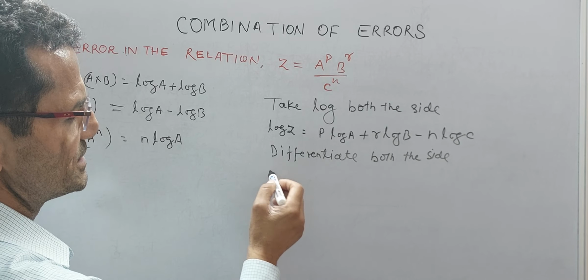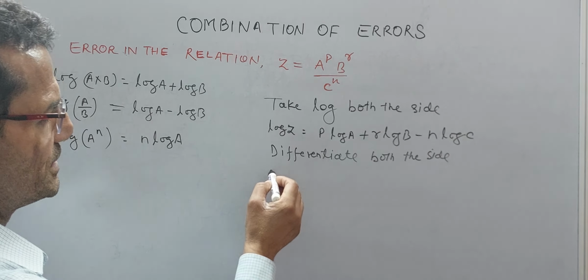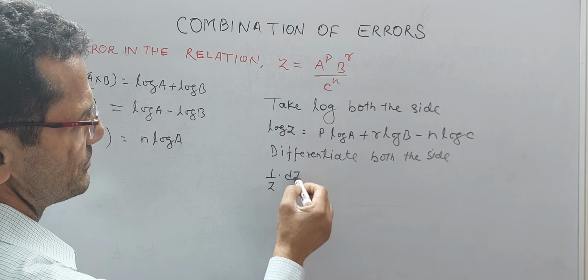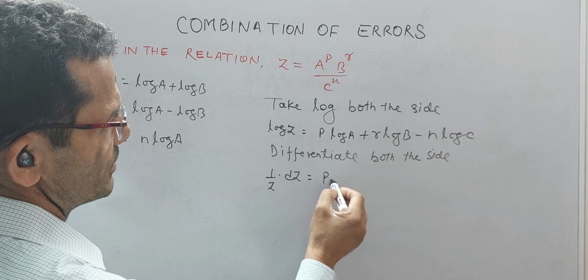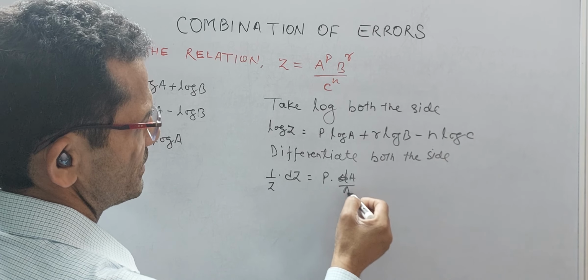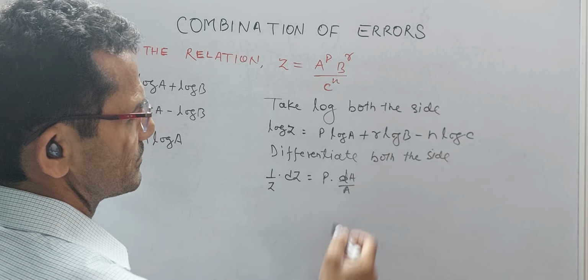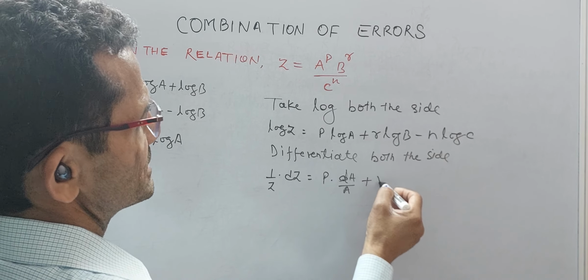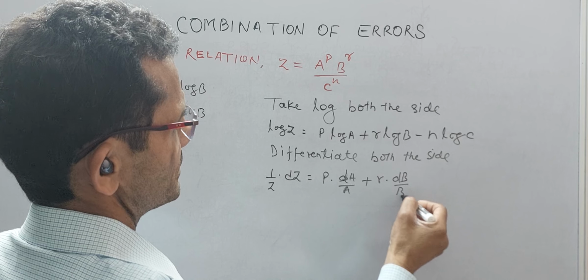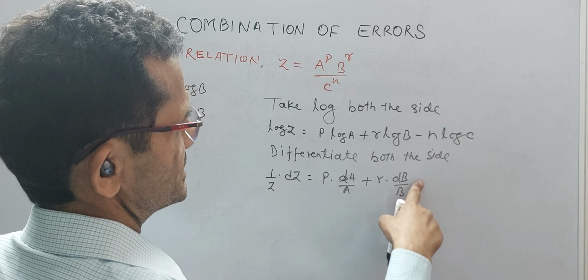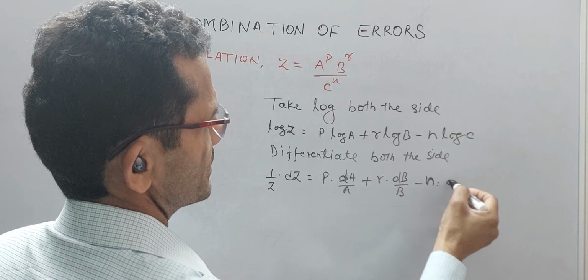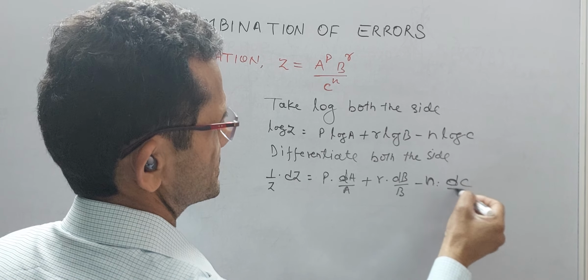Now the differentiation of log z will be 1 upon z into dz. In the same way, p times dA upon a plus r times dB upon b, and minus n times dc upon c.